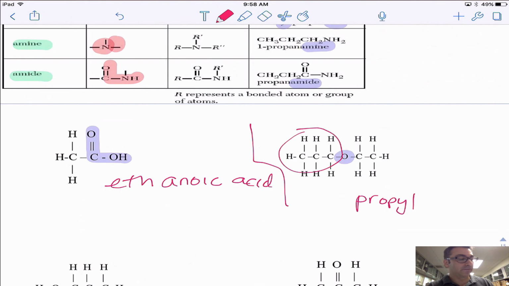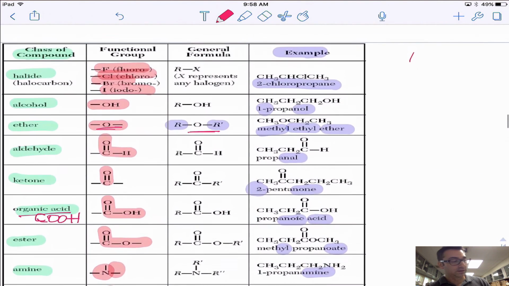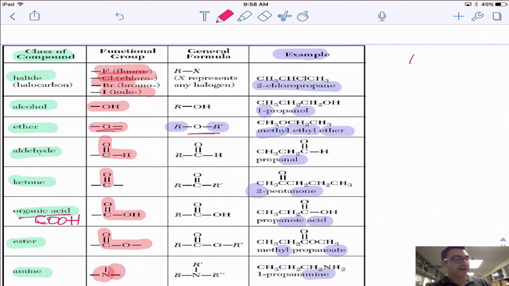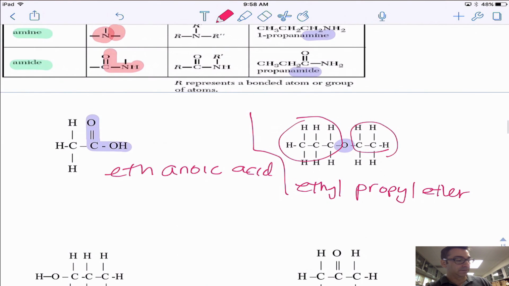I try and do it alphabetically, this group, 2 carbons, ethyl, and then I put on the word ether. Let's compare that to what we have in table R here. They have methyl ethyl, but they have the word ether. Our number is going to be different. We have ethyl propyl because we have a carbon group of 3 and a carbon group of 2.